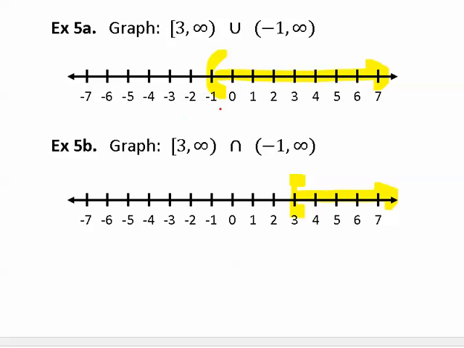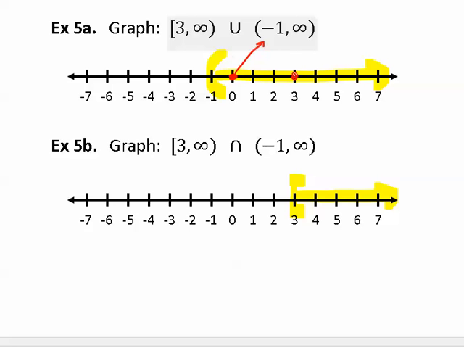Don't forget, you can also check your answer or your shaded region here and make sure that these values appear in at least one of the sets. So for example, -1 is not included because of the parenthesis, and it's not in either set up here as well. What about the number 0? Is it in either set? Yes, it actually appears in this first set. And so on and so forth.